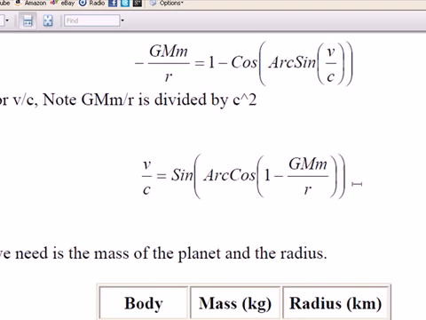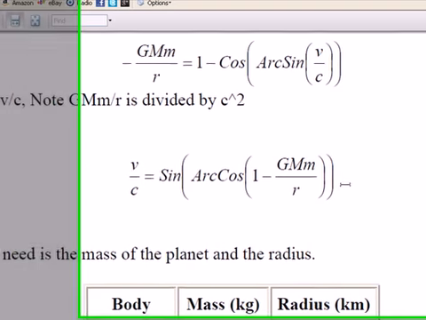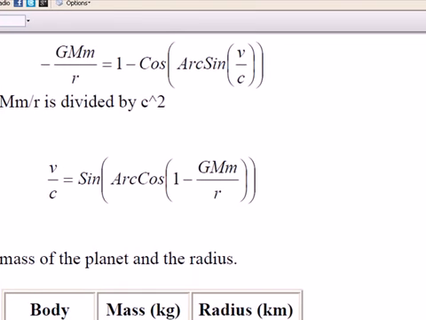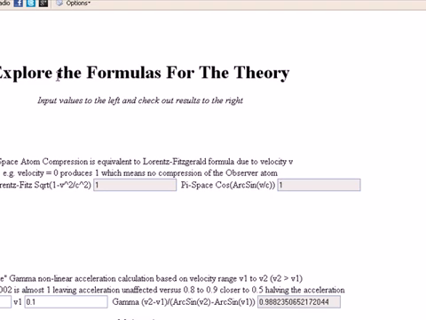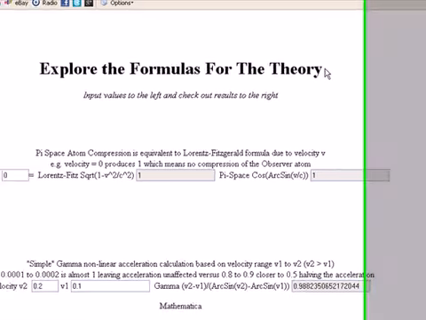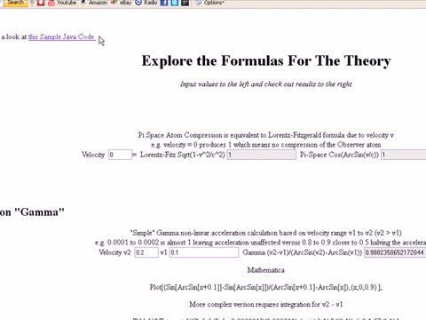Now, in terms of actually a piece of software that does this, in the pi space theory, there's a formulas page, which is off the pi space site, and there's the sample Java code.